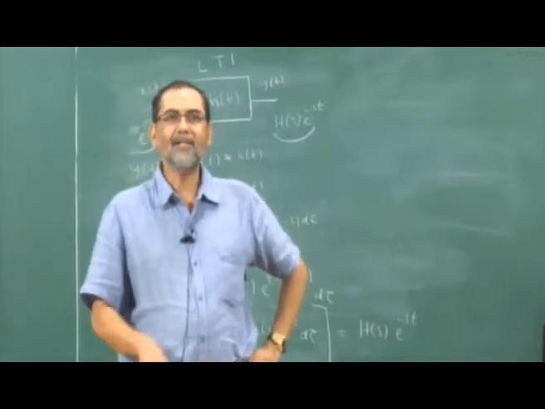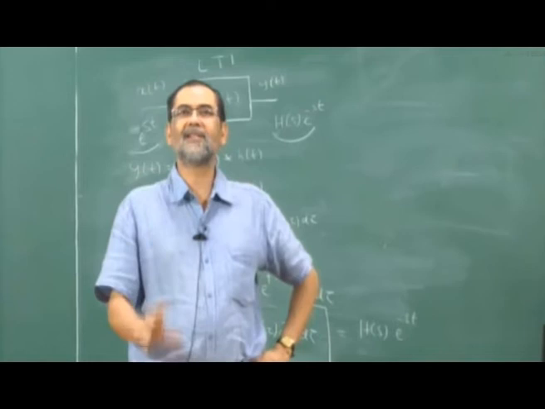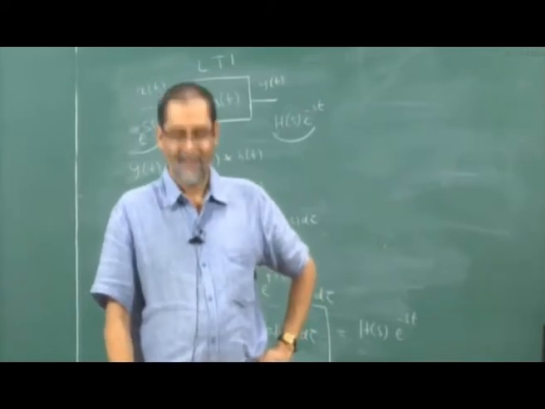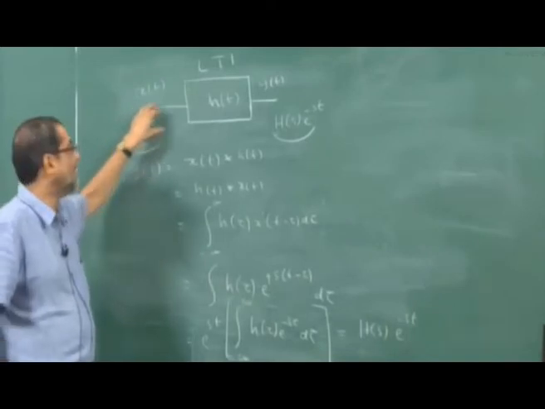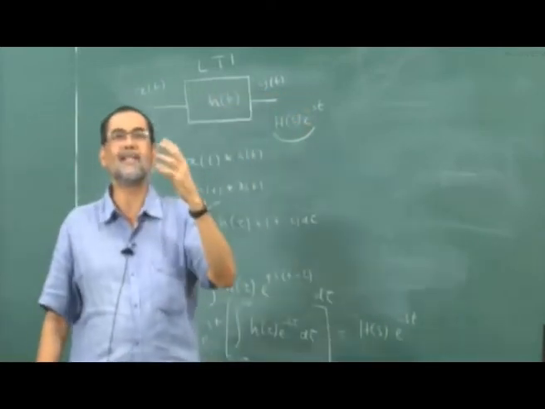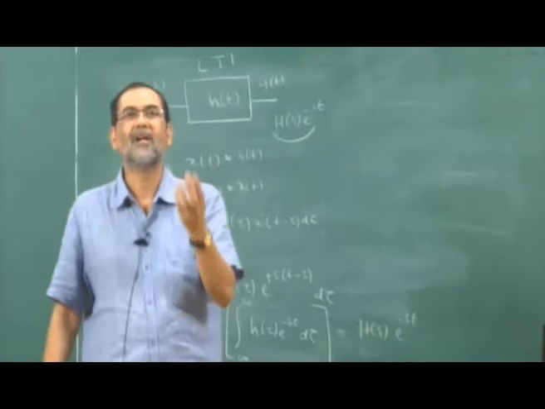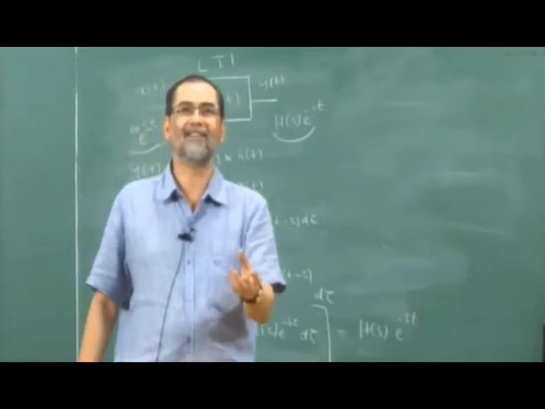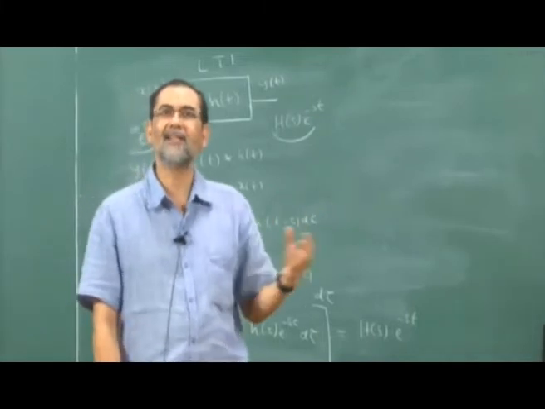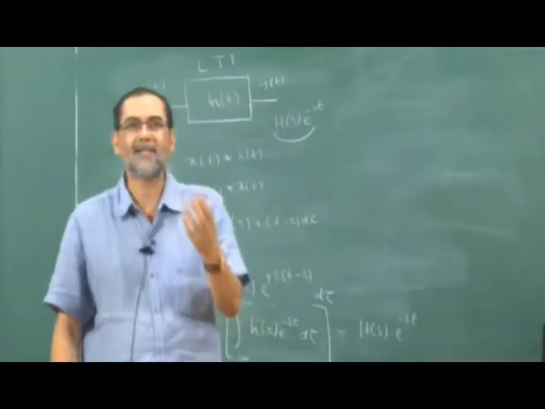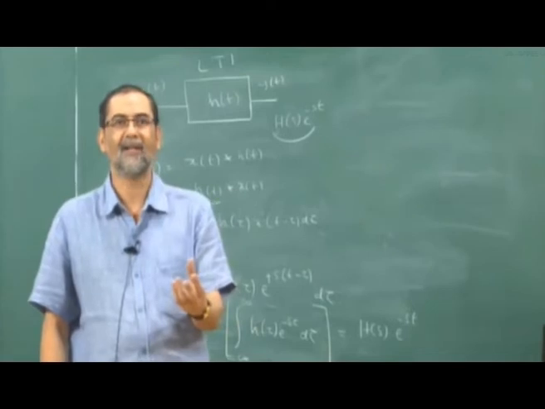What this says is, if the system is LTI and the input is of a certain frequency, you will see the same frequency at the output; the output frequency will not be different. So a consequence of this idea is, LTI systems preserve the frequency.